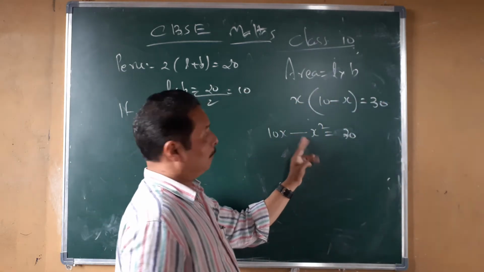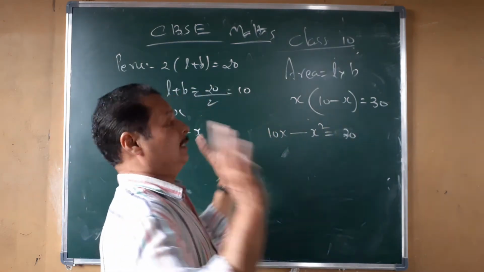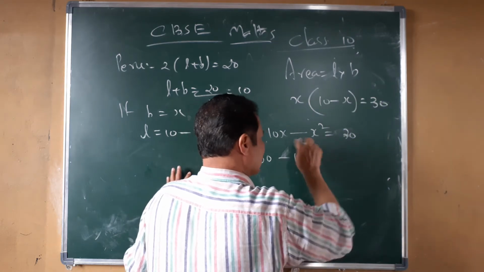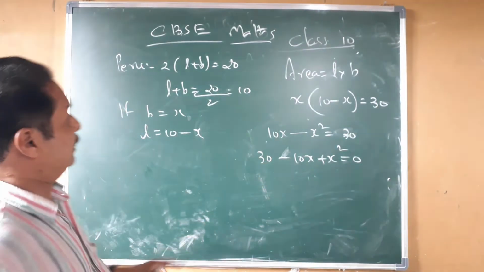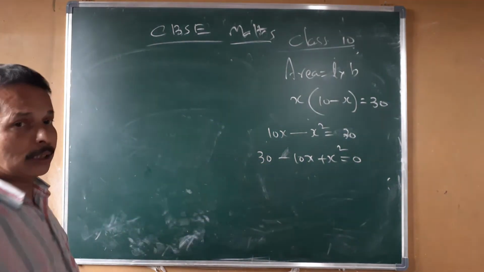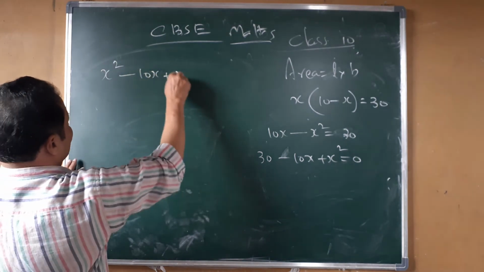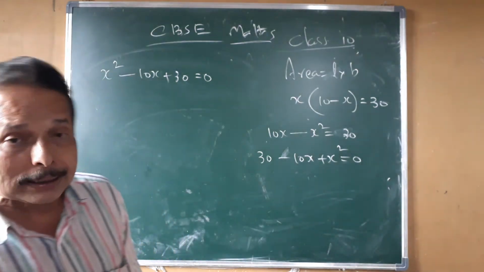We want the negative x square to become positive x square. x square plus, 30 is already on the right side, minus 10x. Transfer, you get plus x square. Now it is not yet in the form of ax square plus bx plus c equal to 0. So x square minus 10x plus 30 equal to 0. Now it is in the form of ax square plus bx plus c equal to 0.